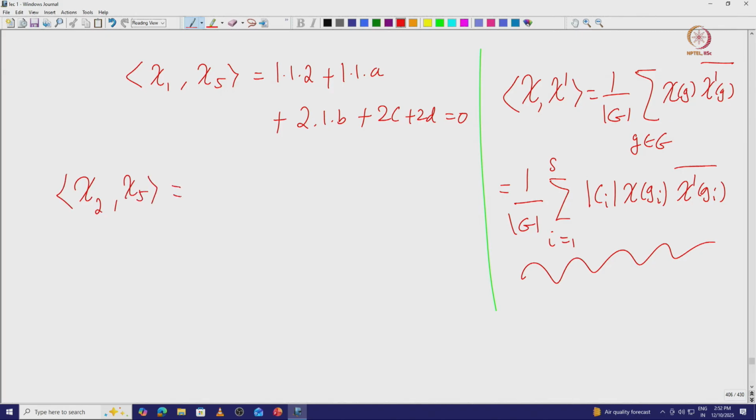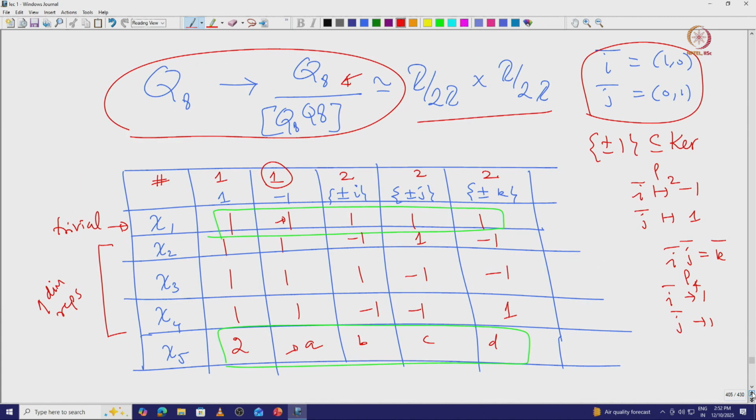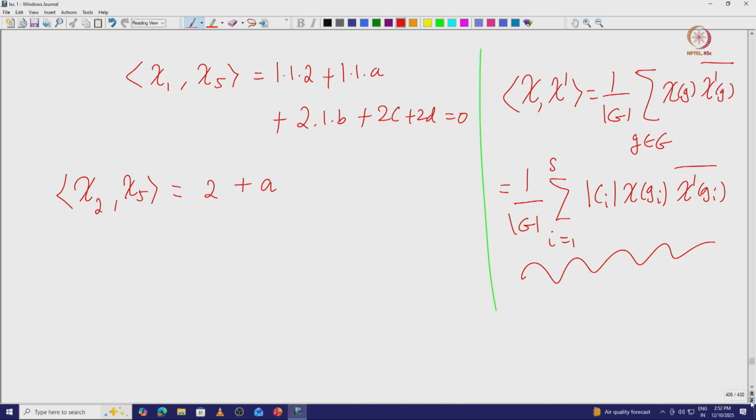you can see that this is again going to give us 2 plus A, and then let us look at the third entry. The number of elements in the conjugacy class is 2 and the value here is minus 1 and then here is B. So, it is going to be exactly minus 2B.